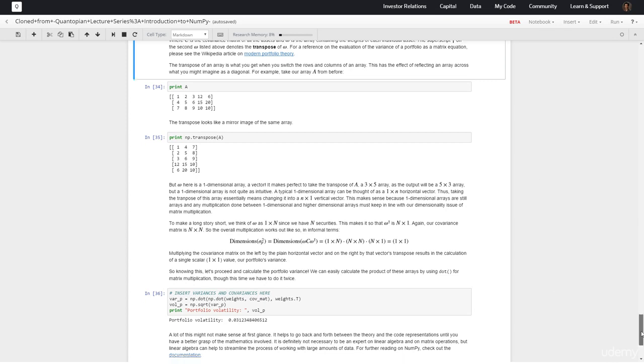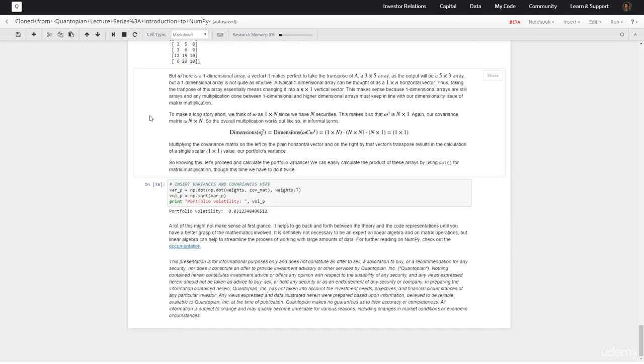To make a long story short, we think of weight as 1 times n since we have n securities. That makes it so that weight transpose is n times 1. Again, our covariance matrix is n times n, so the overall multiplication works out like so. In formal terms, this is what it looks like. It becomes 1 by 1. 1 times n multiplied by n times n.